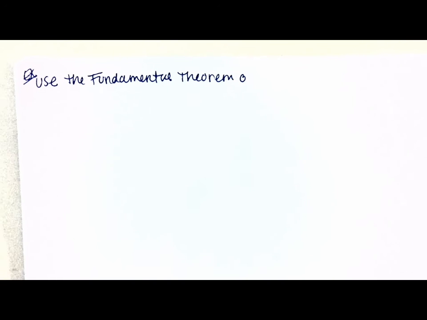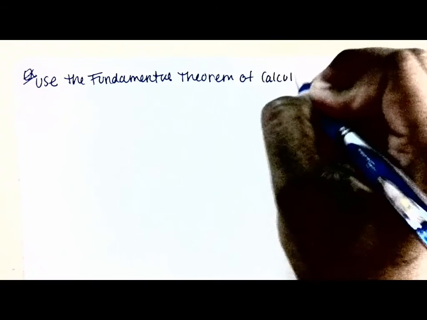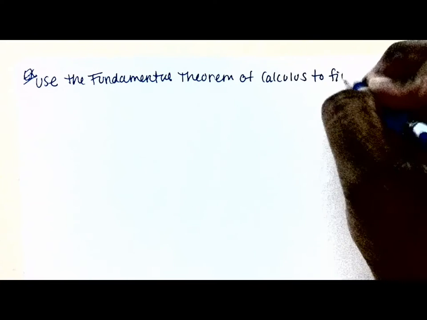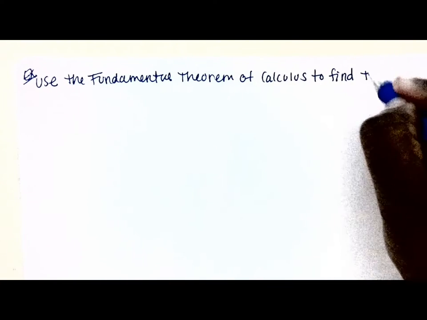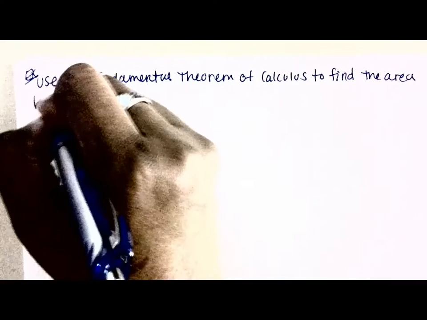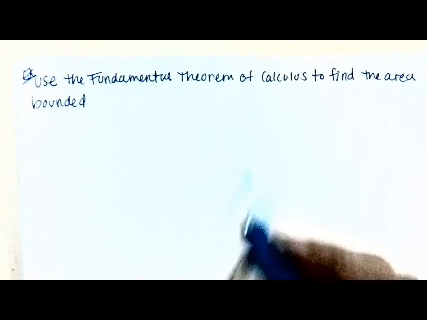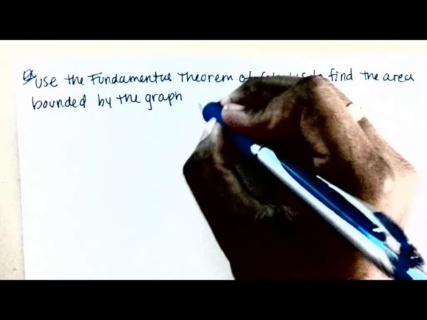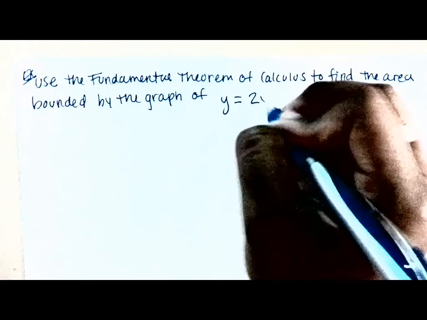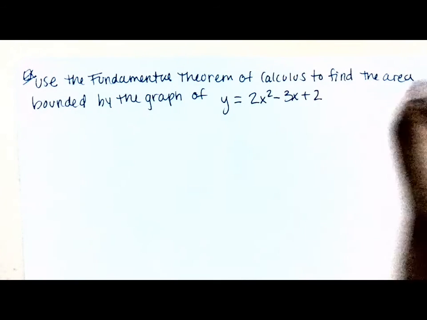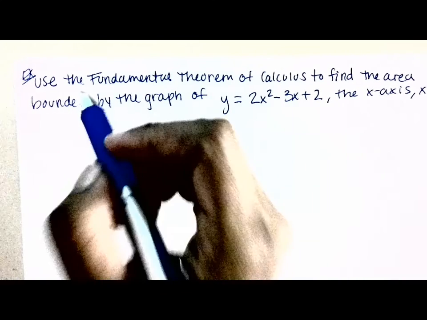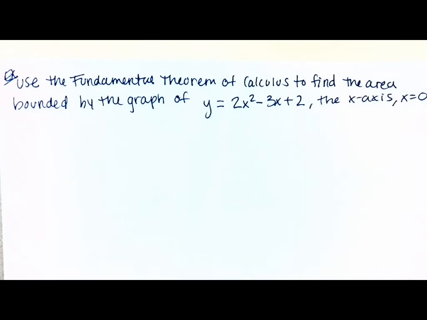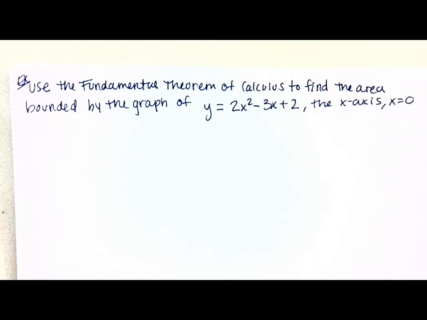Use the fundamental theorem of calculus to find the area bounded by the graph of y equals 2x squared minus 3x plus 2, the x-axis, x equals 0, and x equals 2.